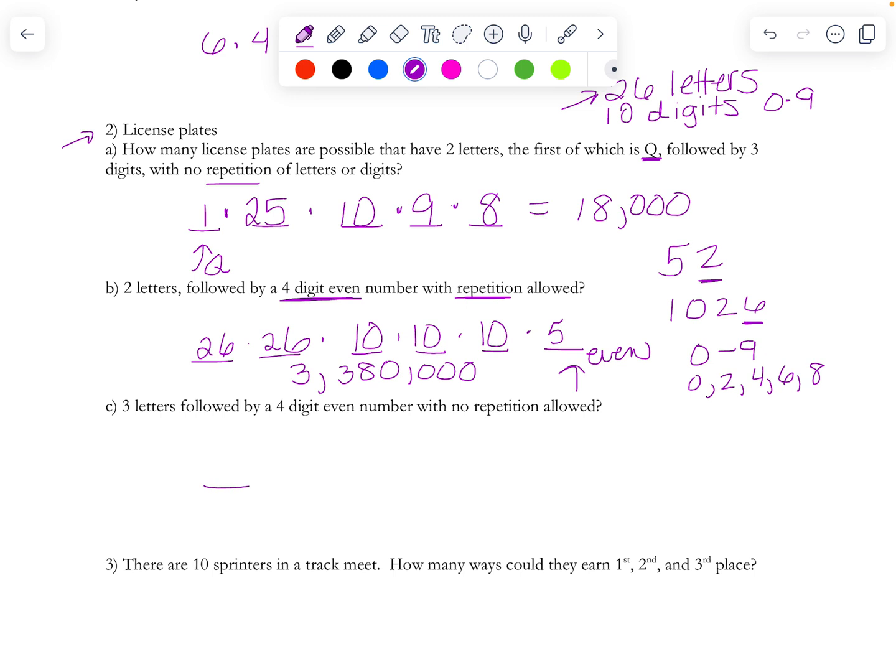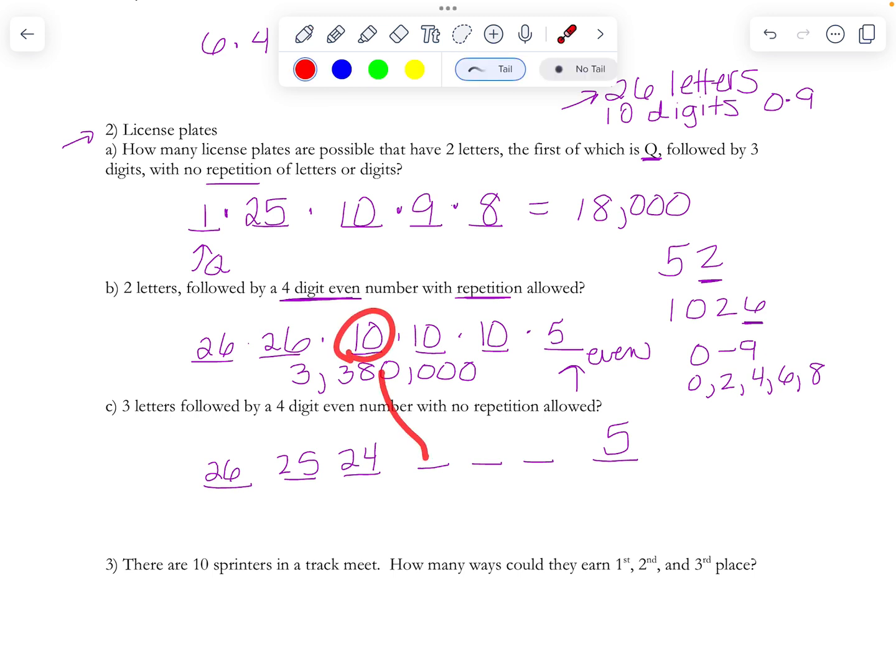My next one said 3 letters followed by a 4-digit even number with no repetition. So 26, 25, 24. Now for the 4-digit even number, my last spot is still going to be 5, but now I cannot repeat, so this spot can't be 10 anymore because I used one of those numbers.